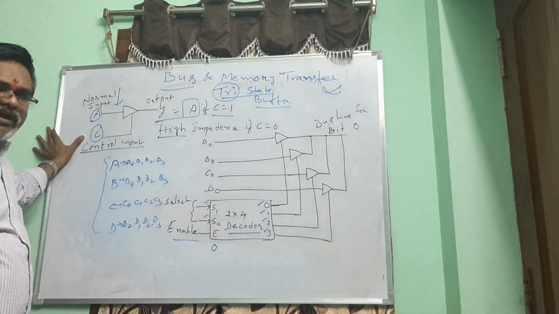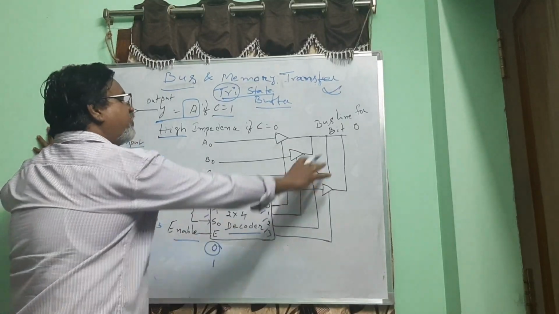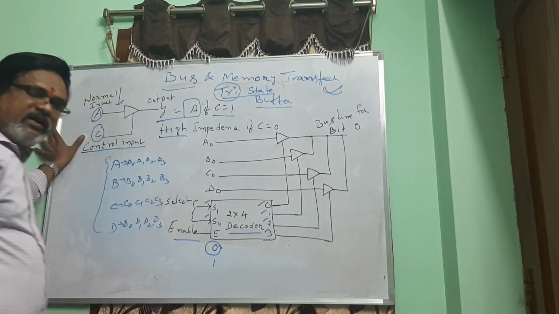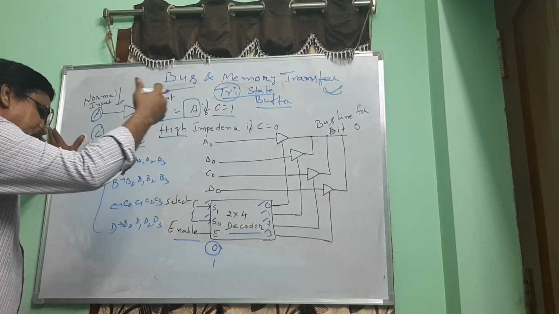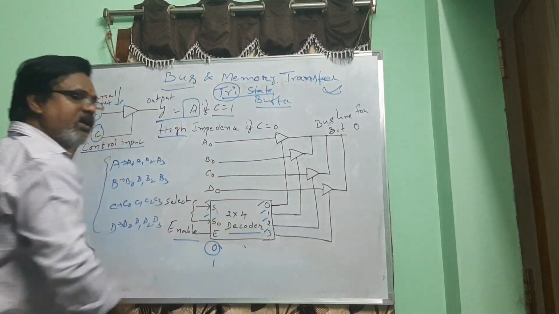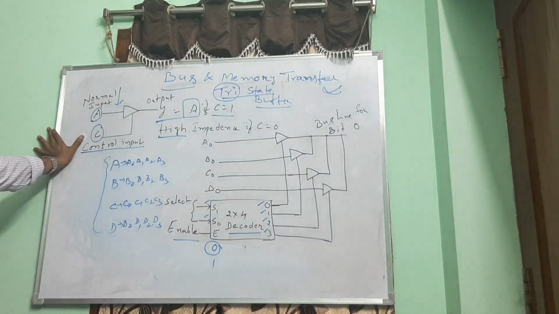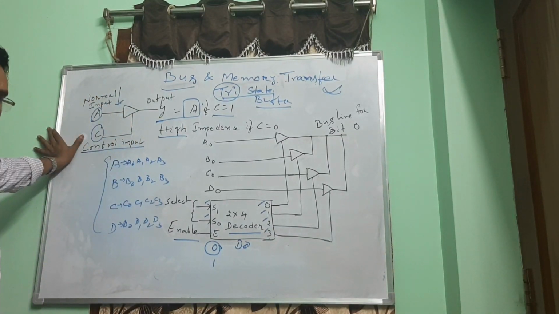If it is 1, then this part comes under activation. So the enable symbol is used to bring the concerned decoder into activation, say, decoder 0.